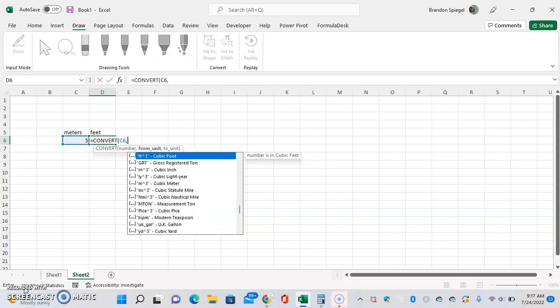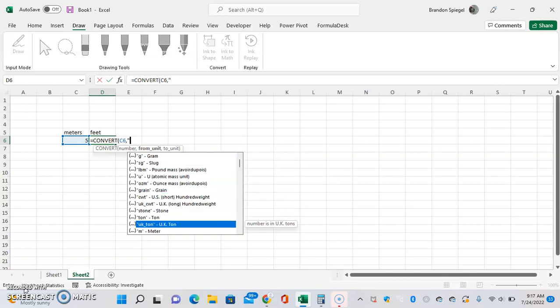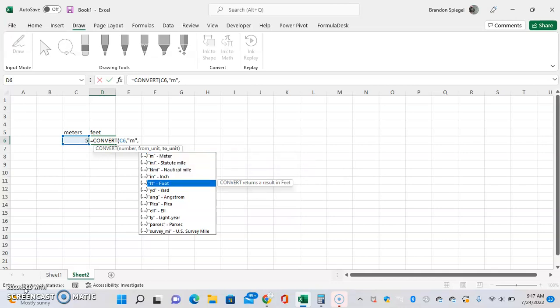So in this case though, you're looking for feet. So we're going to type M for meters, and it needs to be in double quotations, then the to unit, and then foot. And one thing to note, as you can see, when I put meter in the first argument, the only things that I can convert to are distance related things, right?